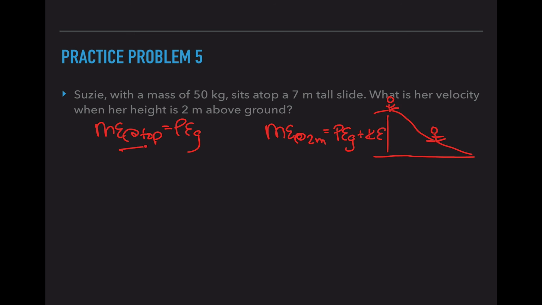So what I'm going to do, since these have to be equal, I'm just going to set the actual equation parts equal to each other. So her mass times gravity times the height at the top is equal to her mass times gravity times height at 2 plus 1/2 mv squared.